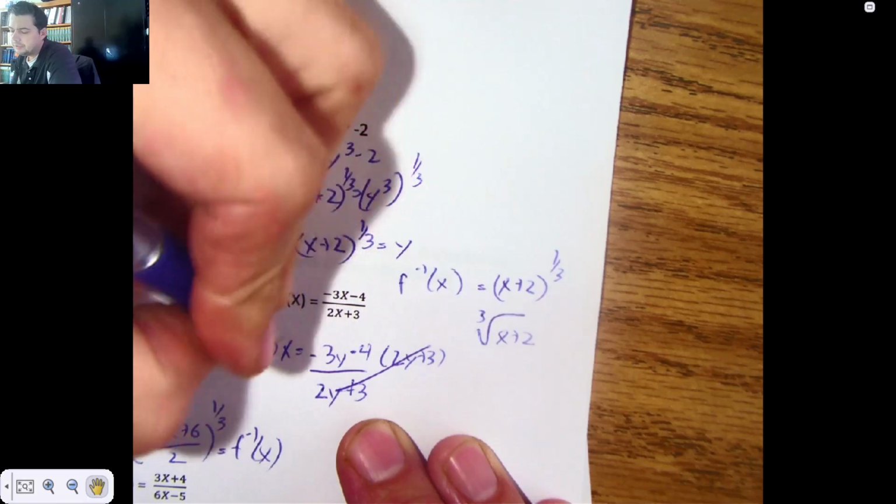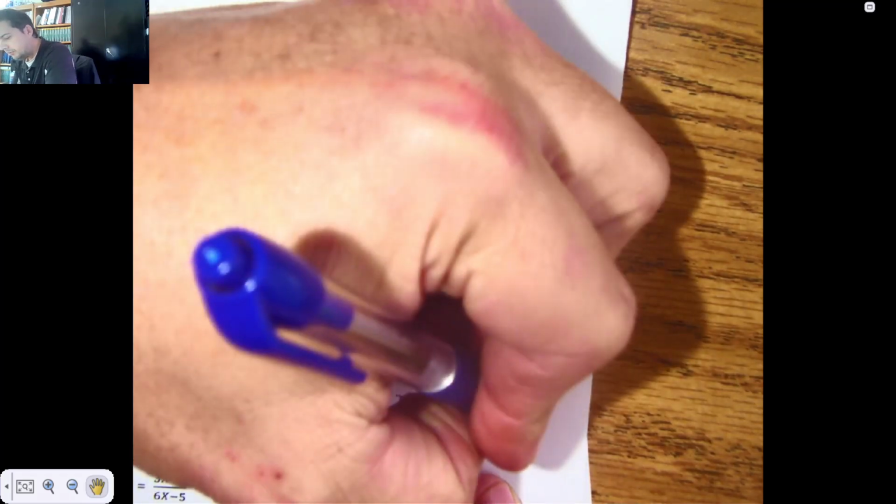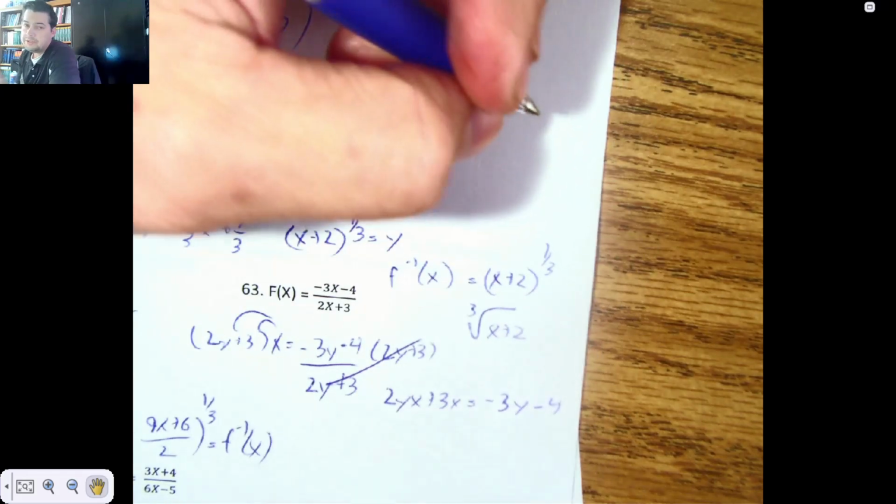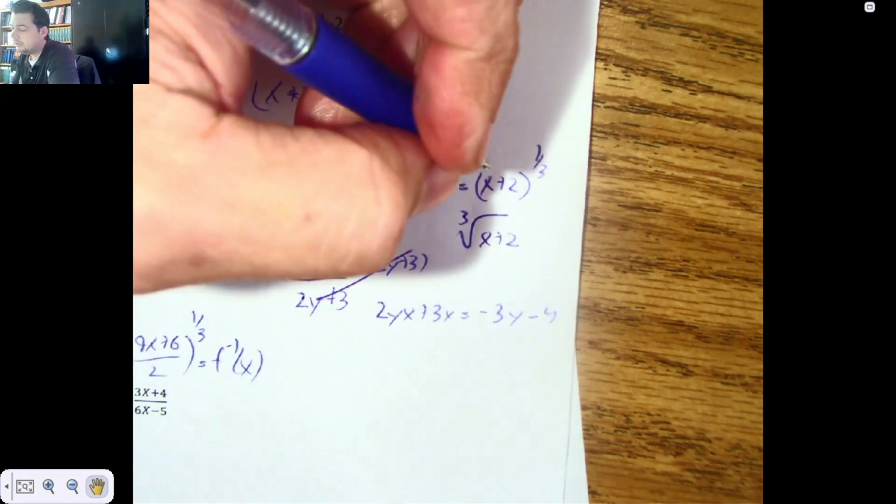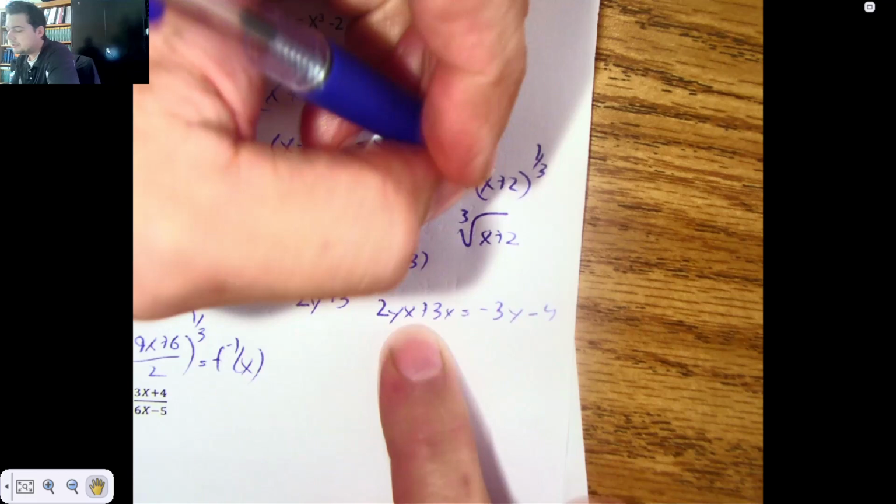Cancellation on the right. Distribute the x. 2yx plus 3x is negative 3y minus 4. Y is on one side, numbers and x, everything else on the other. I'm going to move this 3y left.